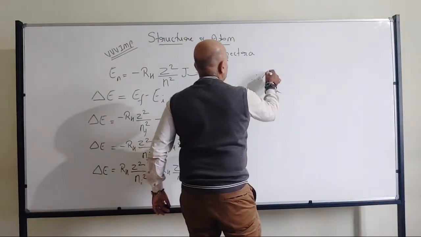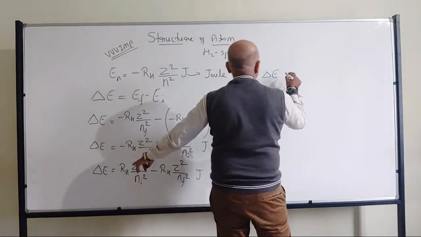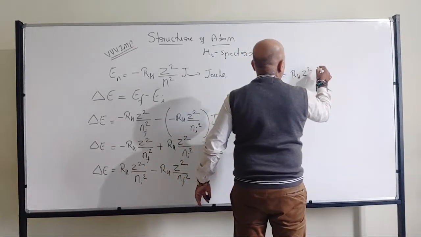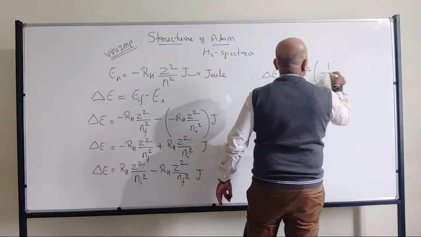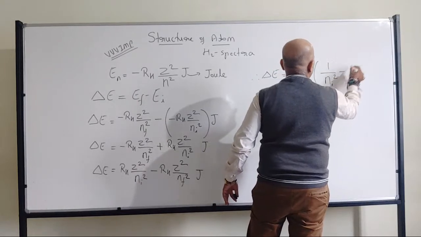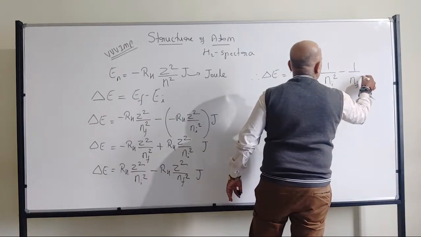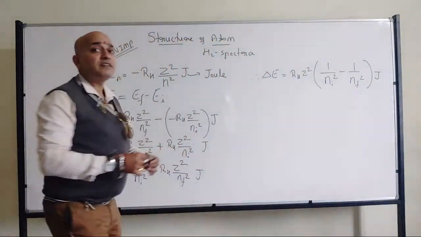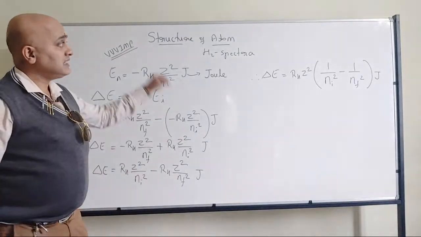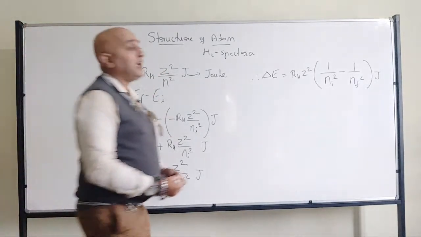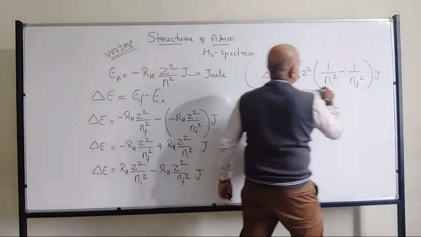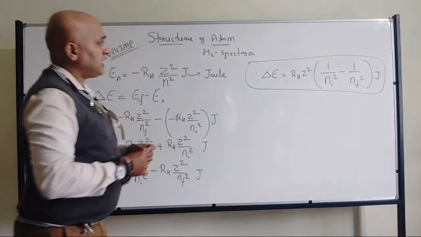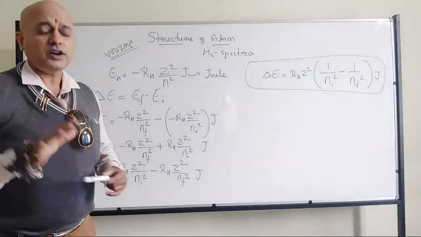Therefore, delta E is equal to R_H into Z square multiplied by 1 by N_I square minus 1 by N_F square, joule. This is the equation with respect to energy for hydrogen spectra.